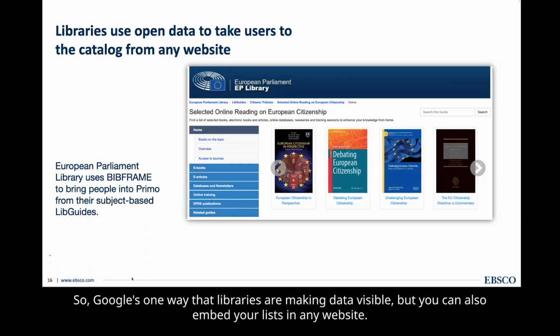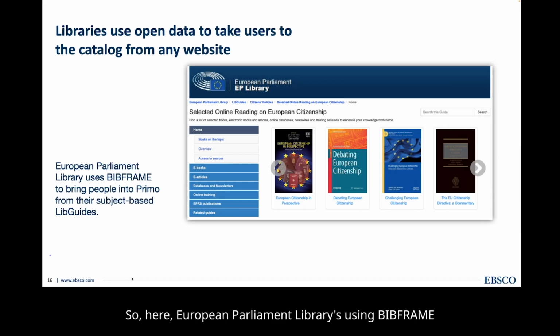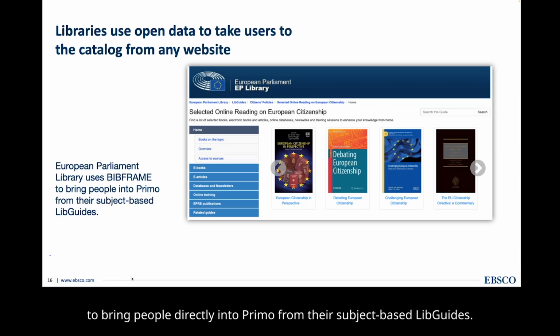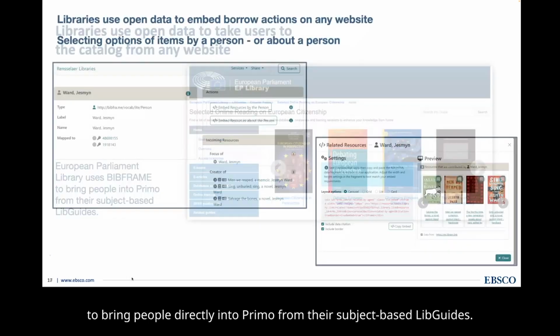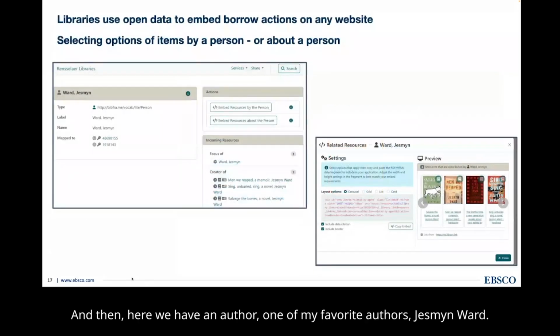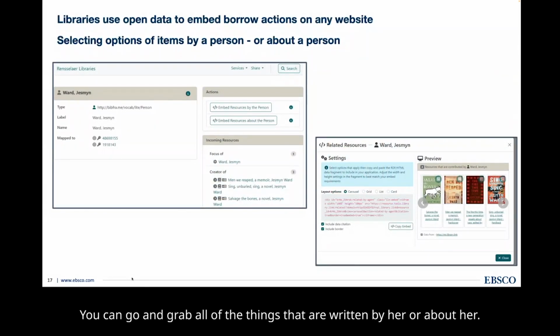Here, European Parliament Library is using BIBFRAME to bring people directly into Primo from their subject-based LibGuides. And then here we have an author, one of my favorite authors, Jesmyn Ward. You can grab all of the things that are written by her or about her.